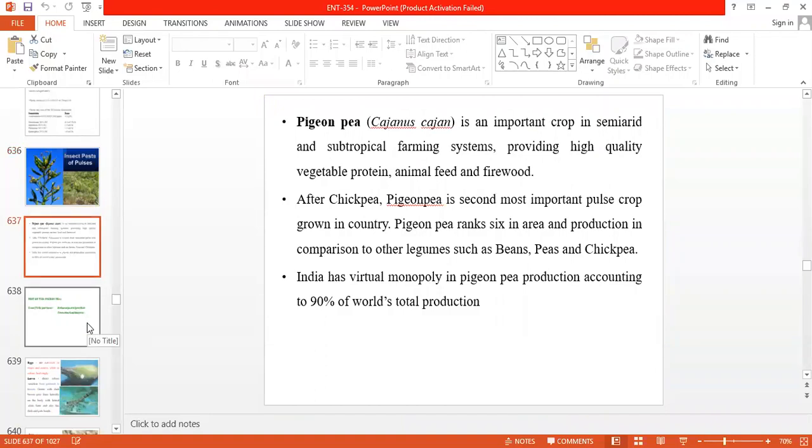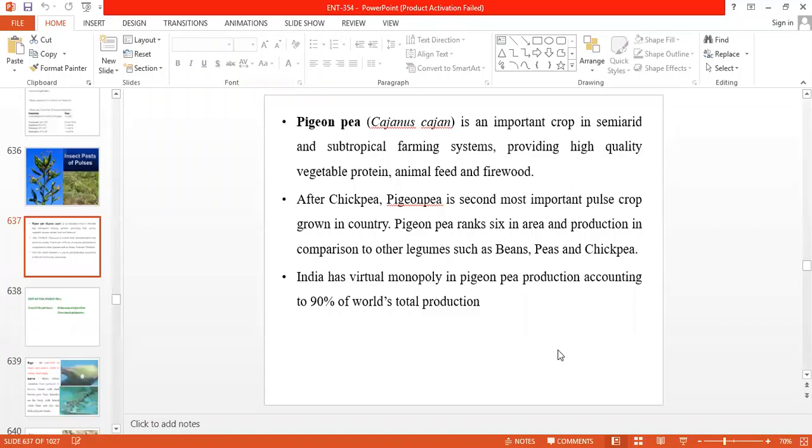So the first major pulse crop is the pigeon pea or tur, also called red gram. It is an important crop in semi-arid and subtropical farming systems. It provides high quality vegetable protein, animal feed, and firewood.